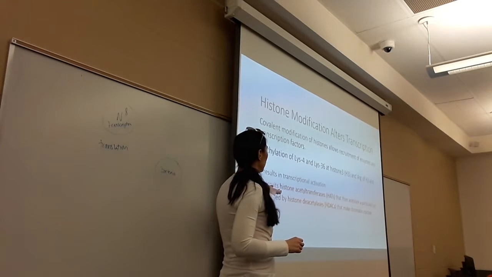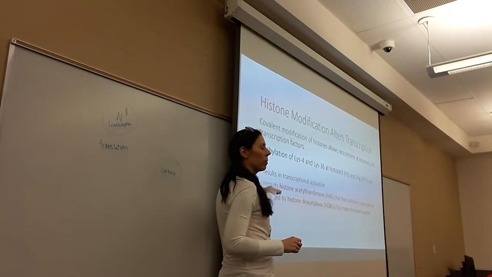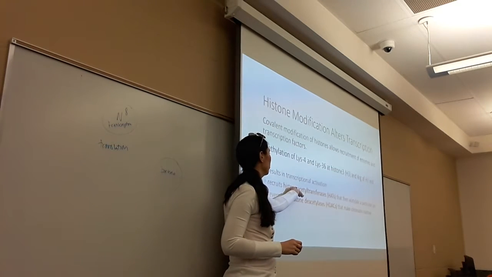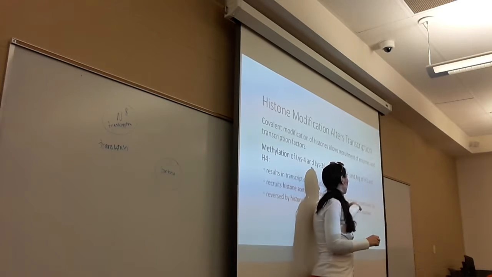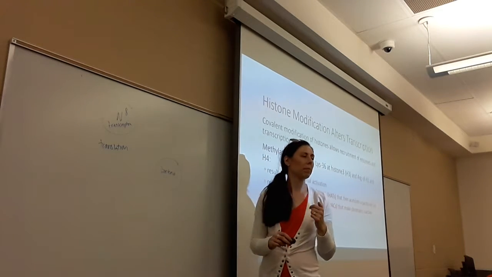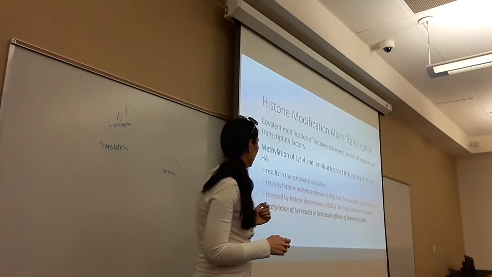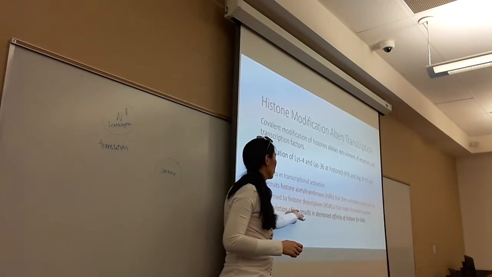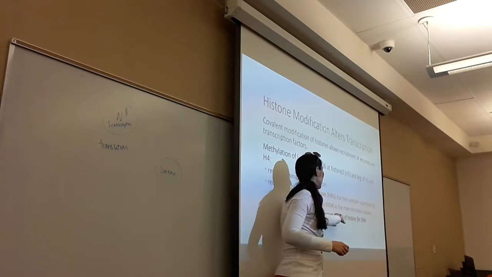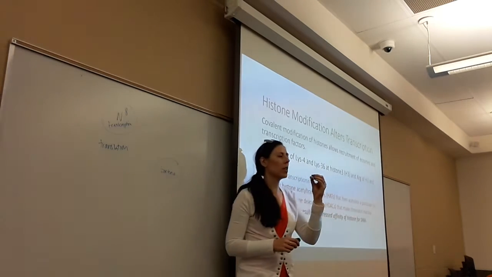It recruits two different enzymes. One of them is histone acetyltransferase that then acetylates certain lysines. That acetylation of lysines results in a decreased affinity of the histones for DNA. What does that mean?